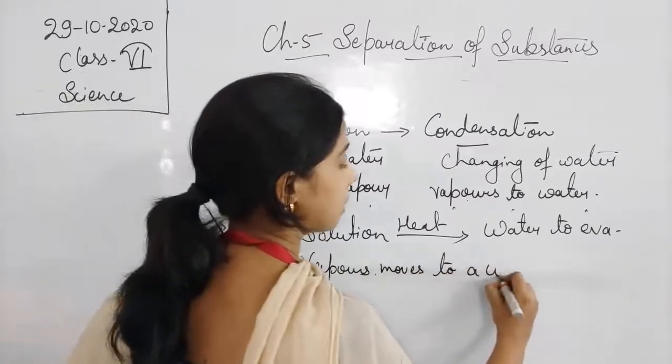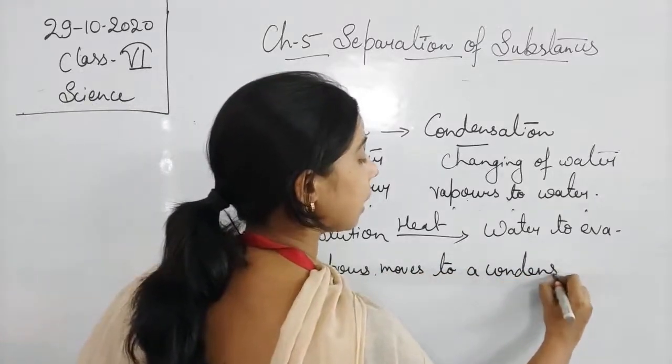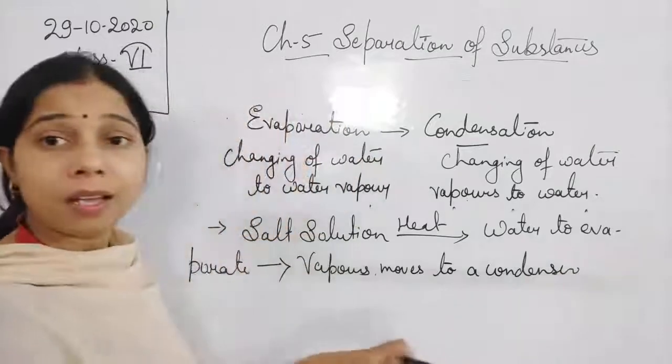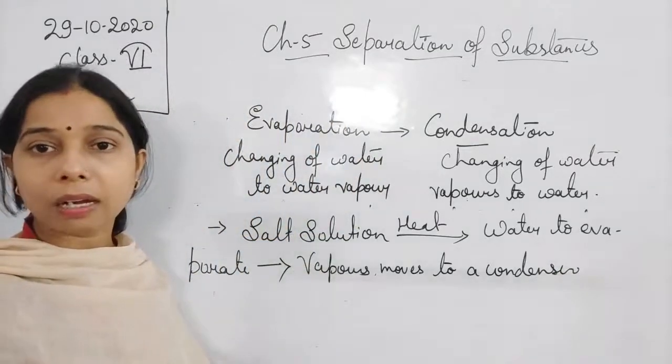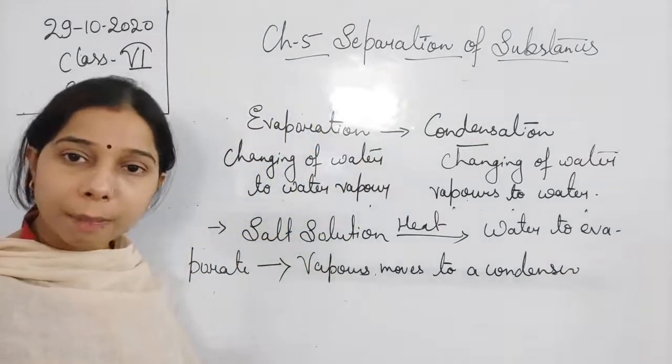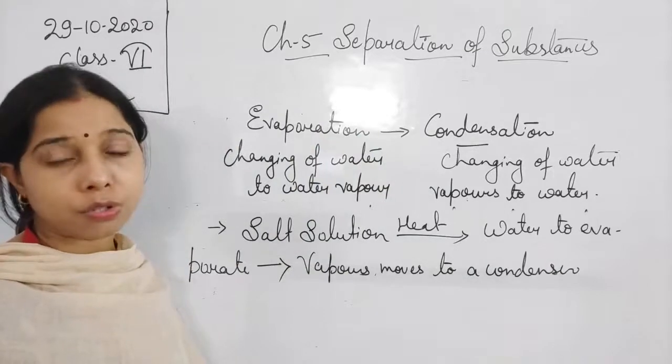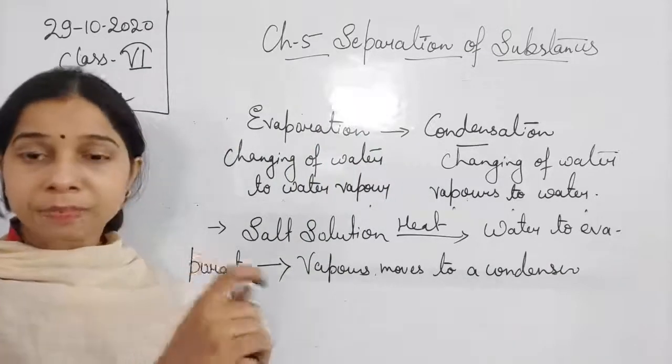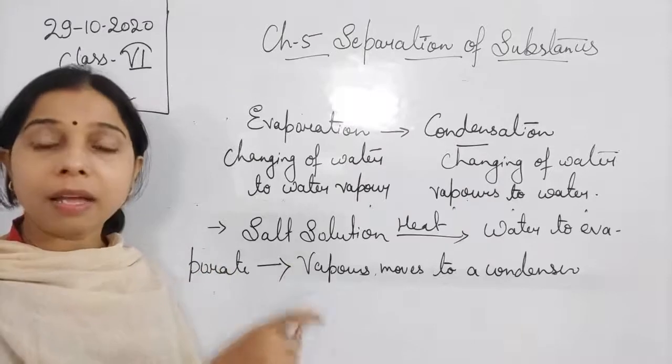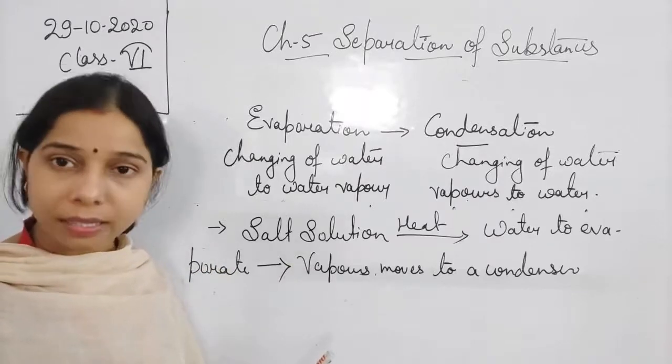to a condenser. Why are we saying a condenser, student? Because there the supply of cold water occurs, which helps in the process of condensation. So we can say that the pipe in which the vapor was going is known as a condenser.